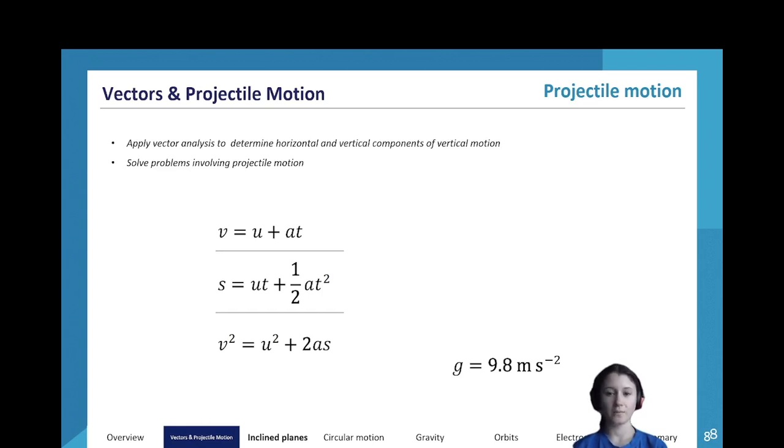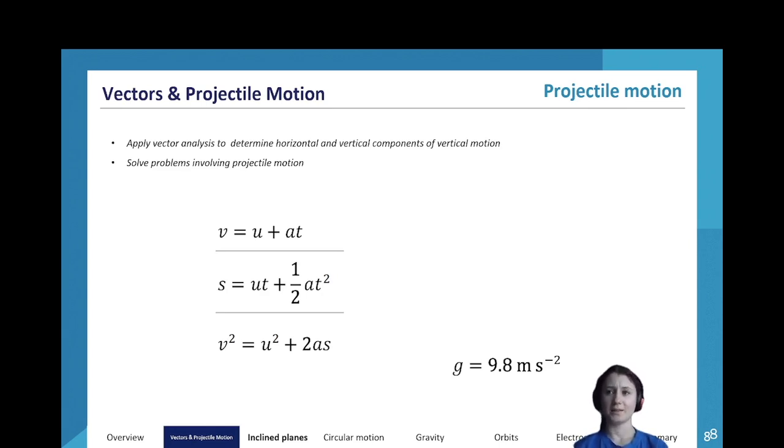So V is most generally described as the final velocity, or like the velocity of the projectile once it hits the ground. But it can also describe the velocity at any point during the flight other than the beginning. U is the initial velocity, so that's the velocity of the projectile at the beginning of its flight.